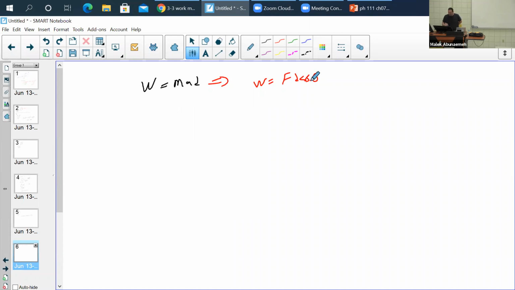We're going to assume that our theta is 0, so cosine is 1. So this is going to equal force times your distance, which again, your force is your mass times acceleration, times your distance.